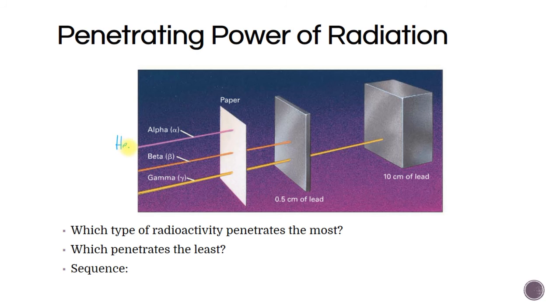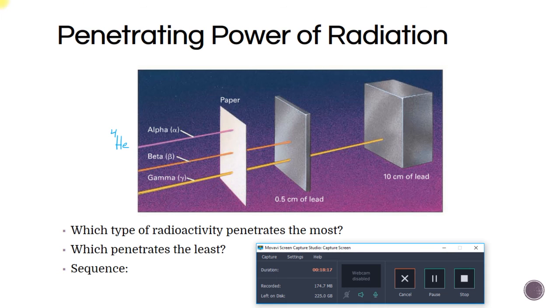Remember that they're the helium with a mass of 4, so that's the biggest kind of radioactive particle. You can just use a piece of paper to block alpha particles. Also, your skin will do the same thing. Your skin is thick enough to resist alpha radiation.